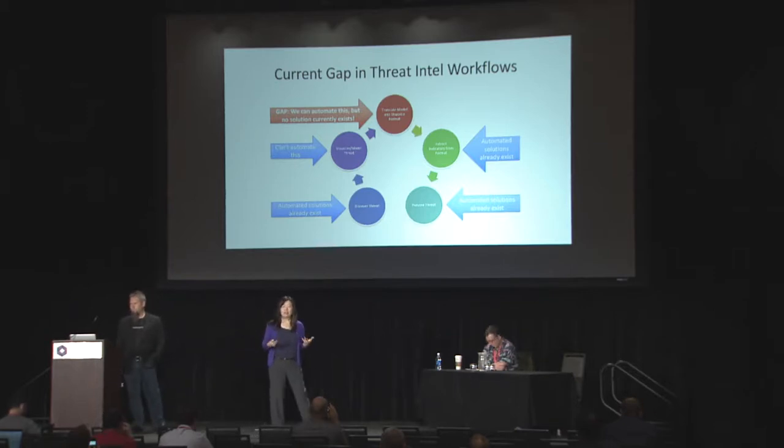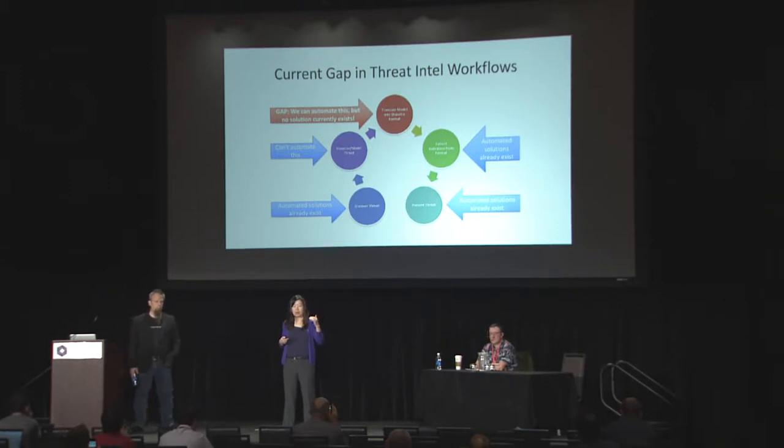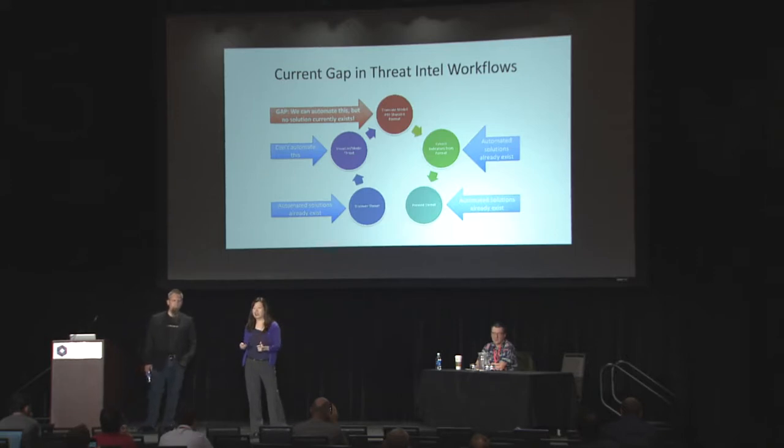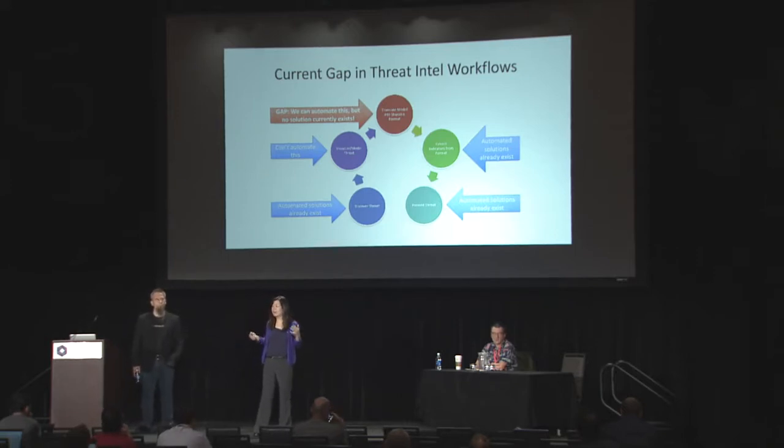So you have these threat intel analysts that do a lot of work around this, and this is what they spend the bulk of their time on. But there are other pieces in this workflow, such as translating the models into shareable formats in an automated way, that there's currently not a good set of tools to do that. Okay, so this is where the gap really is, in my experience.